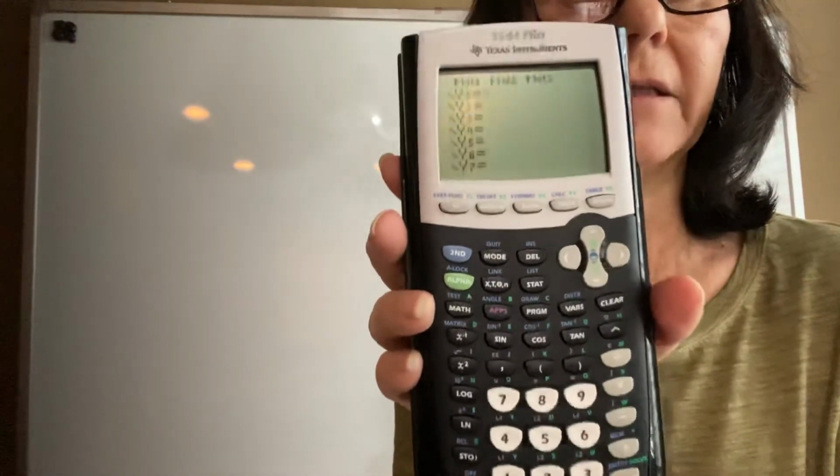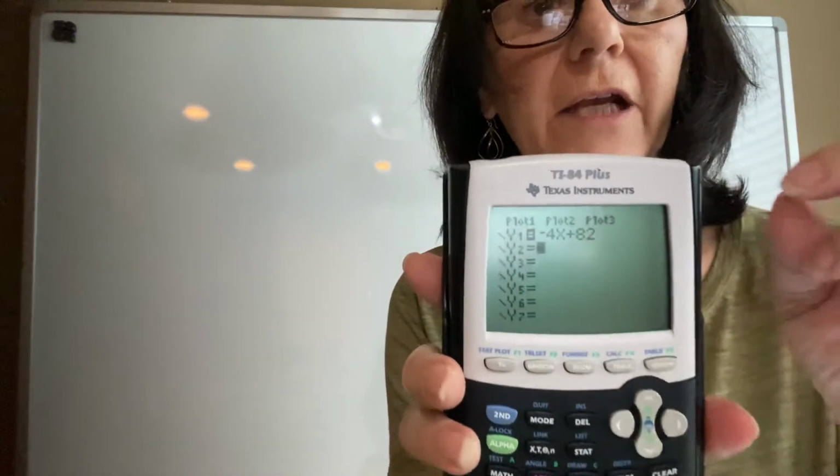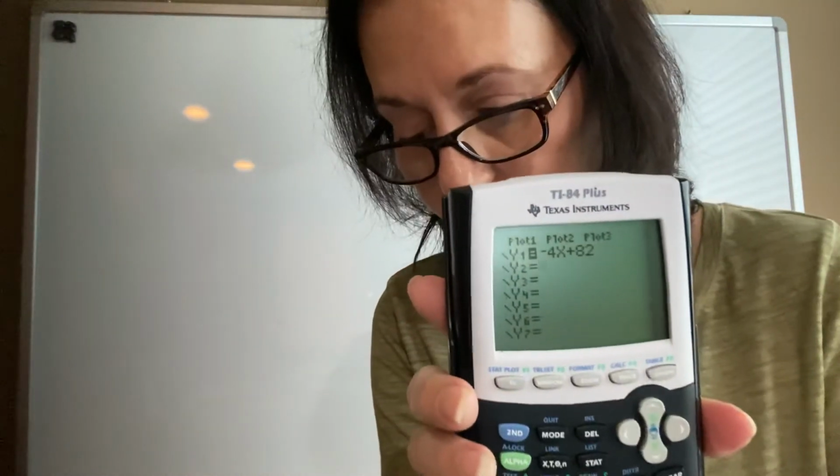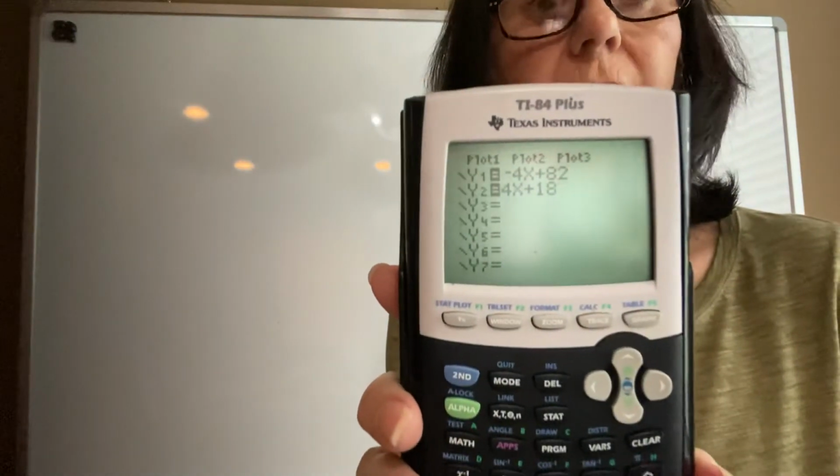Negative, not minus, negative 4x plus 82 for the first one. Okay, I'm going to go down. Here is the model for 18. It's 4x plus 18. That's the model.